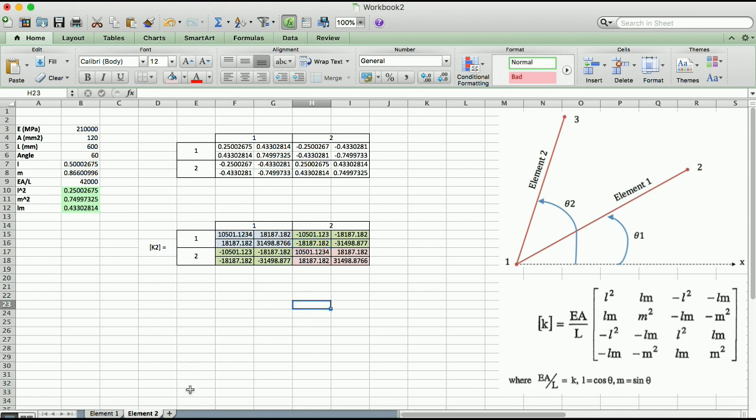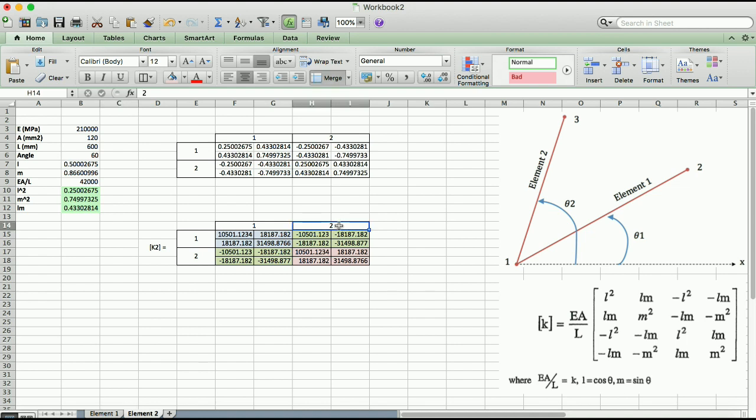So far what we've done, we've created stiffness matrices for partial elements. Nonetheless, we're aware that we have a structure that we have to deal with.